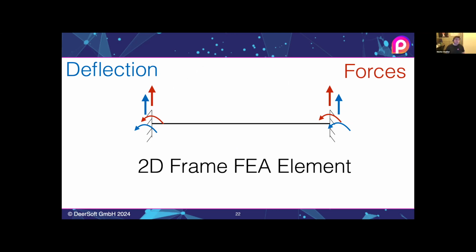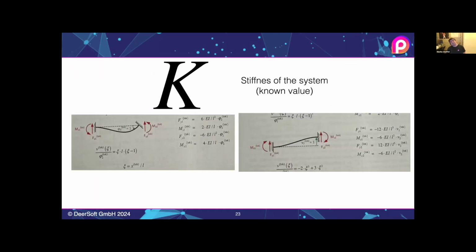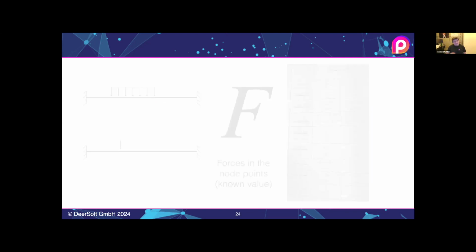Basically, each truss becomes a 2D frame FEA element. The stiffness depends on how the trusses are connected. For every truss, we create a table that contains such values and use it for calculation.